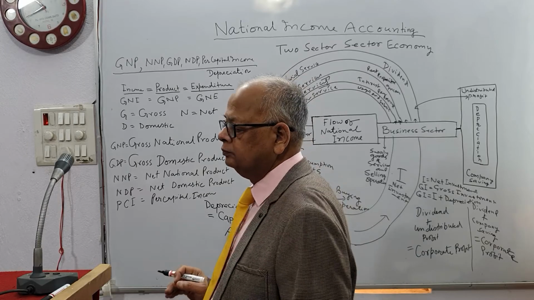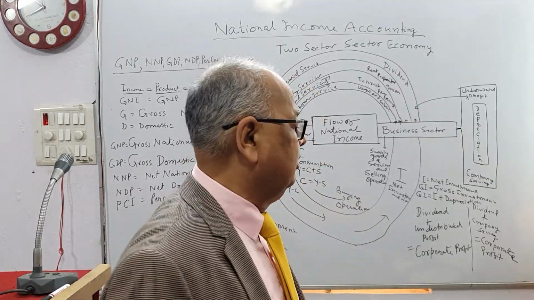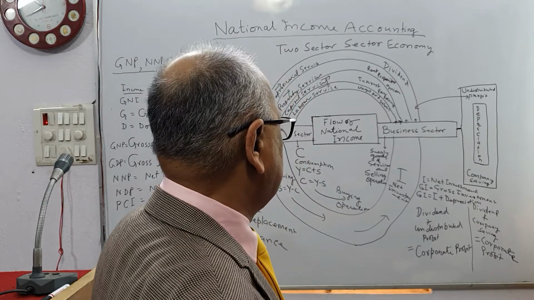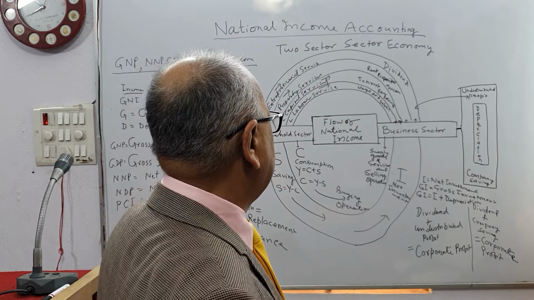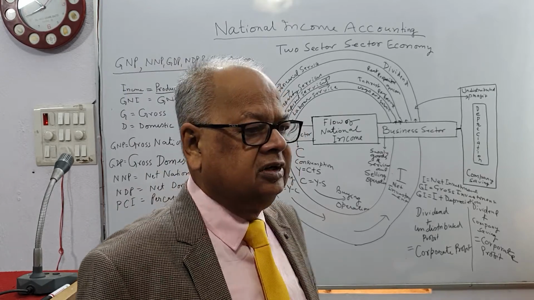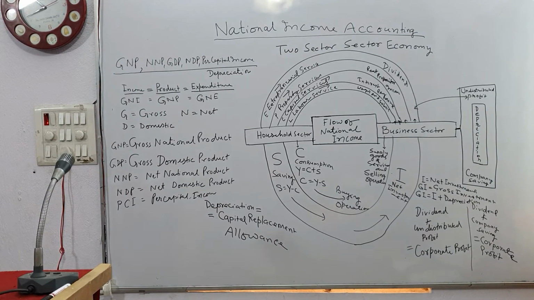And thereby we find that in the whole two-sector economy, national income will be calculated when you have data related to all these activities, and we will examine how to get GDP, how to get GNP, how to get per capita income, just now.